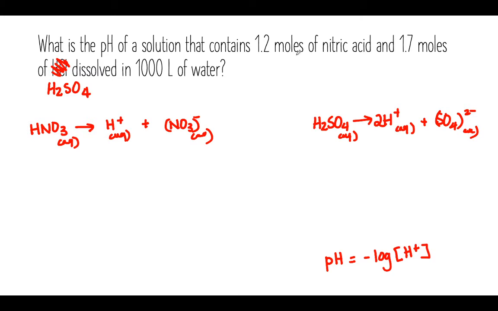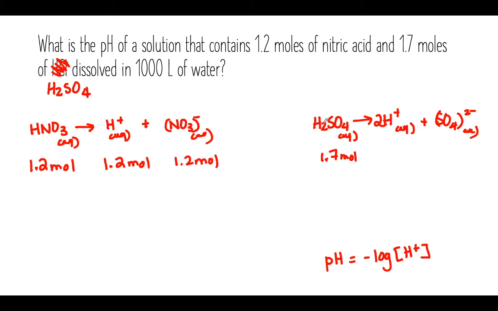So I'm told in my question that I've got 1.2 moles of HNO3, which means that because this is a 1-to-1 ratio, I'm going to have 1.2 moles of H+, and not that it's important, but I've got 1.2 moles of NO3- as well. When it comes to H2SO4, I've got 1.7 moles of H2SO4, but let's take a look at our ratio.